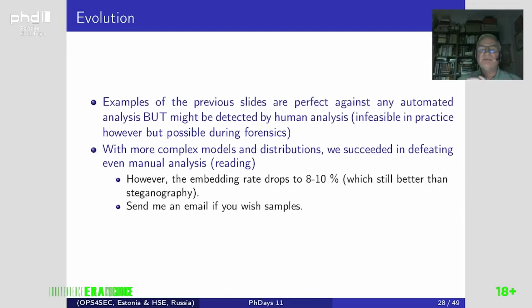With more complex models and distributions, which are far more complex to explain, we have succeeded in defeating even manual analysis. It means that even if the analyst takes time to read every document, they will not be able to guess that one document more than another contains something special.